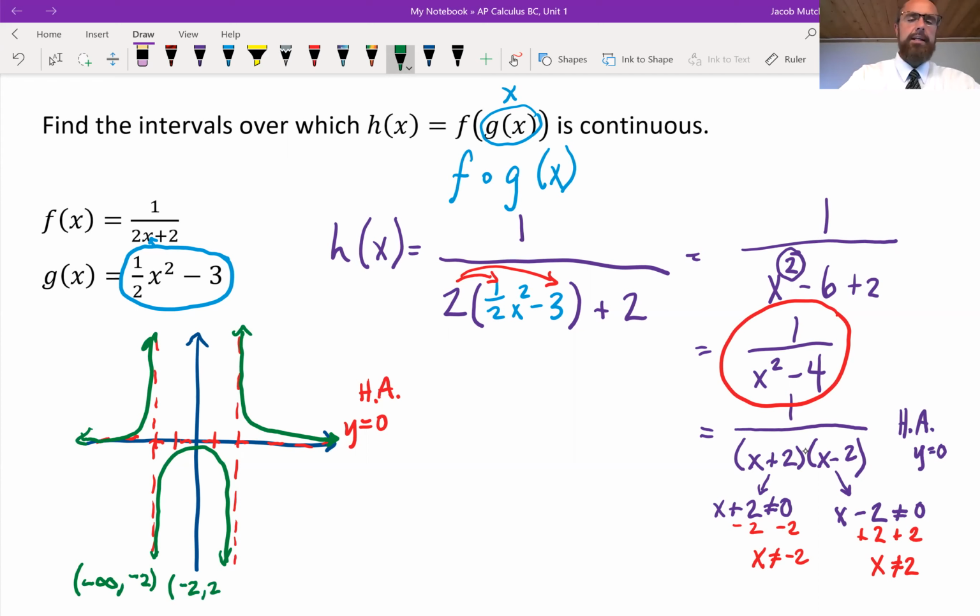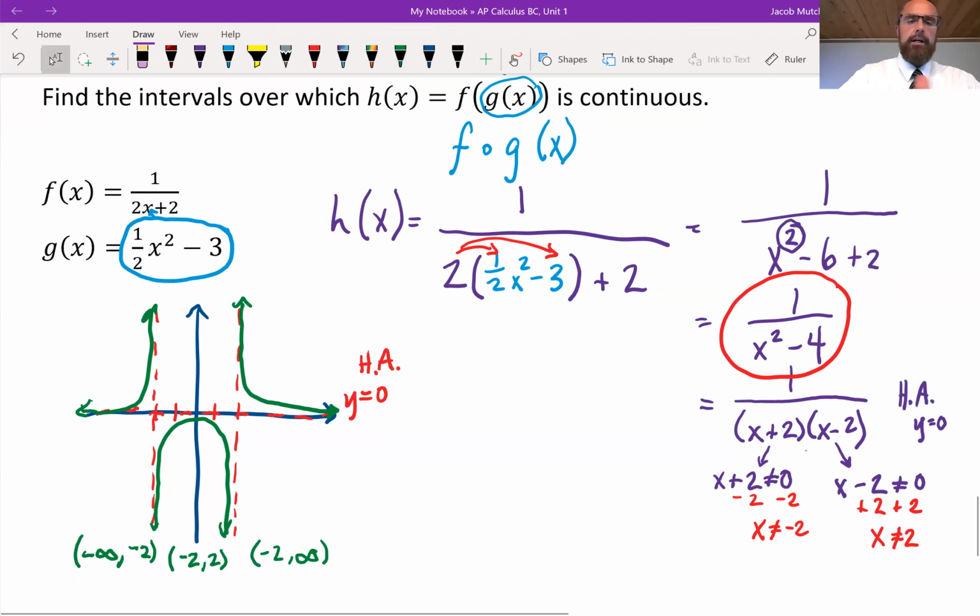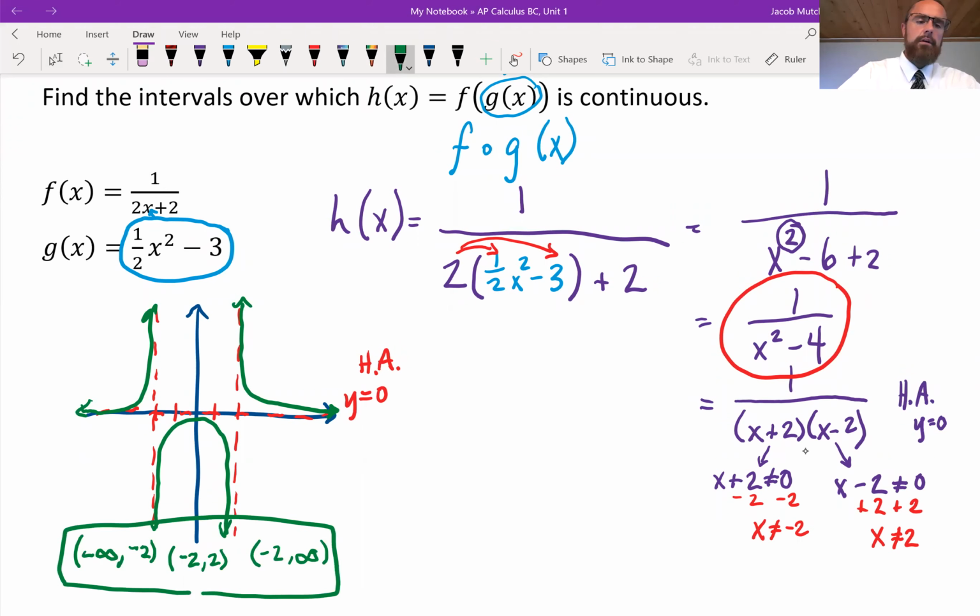That's that upside down u. And then the right-hand branch is continuous from 2 out into the great beyond, into infinity. And that I would box because that's really the answer. That's the interval over which this function is continuous.